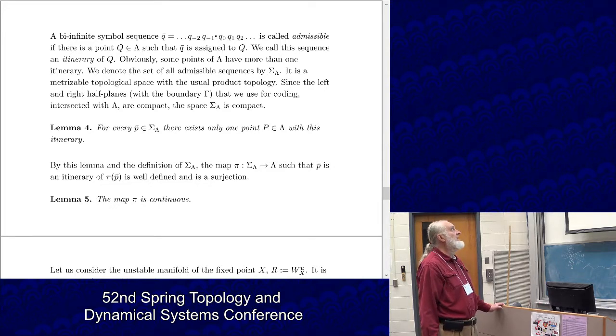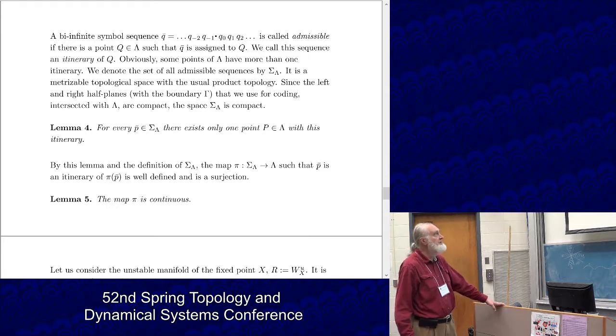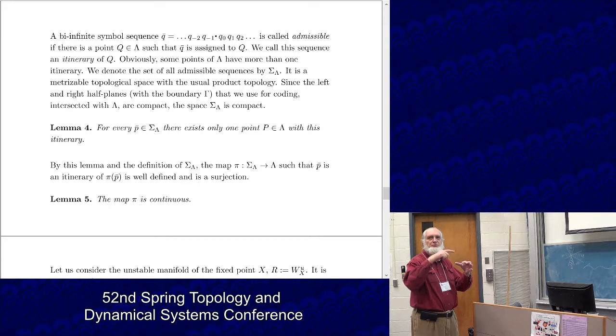Okay, and then we have to prove that there is this natural projection. Sigma lambda is the space of sequences with product topology, of course. This is plus minus to the power Z. So plus minus is a two-point space.